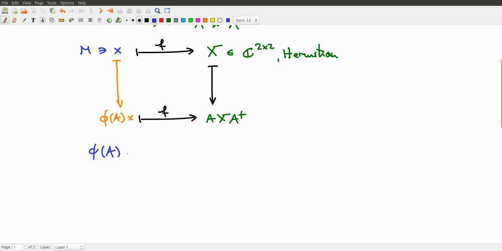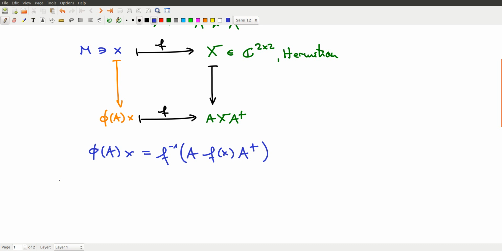The phi of A acting on x. Well, first we map x to capital X, our Hermitian matrix, then we multiply with A and A dagger, left and right, and then we go back, last arrow down here, this one, with an F inverse. Okay, so this is the transformation.